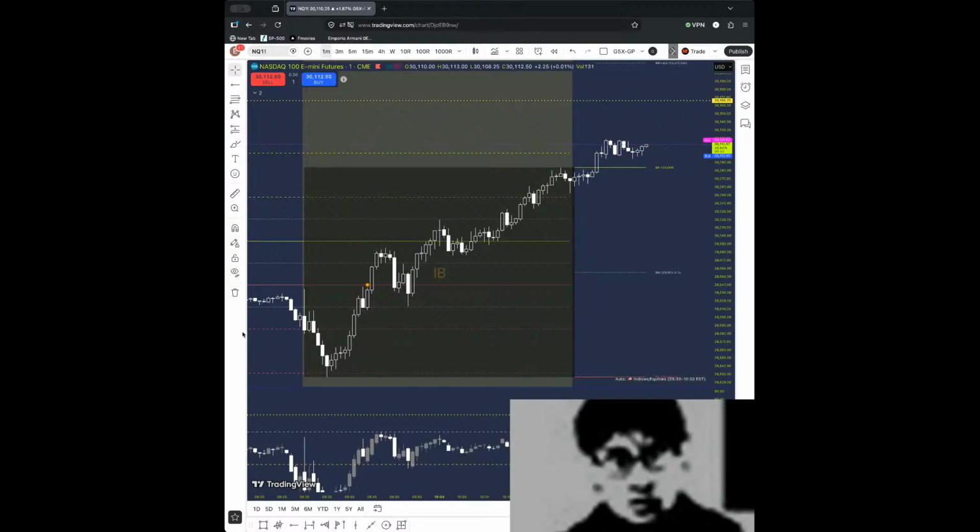Absolutely zero strength. Can't even pull it down 5-10 cents. They're gonna take a guess. They're gonna try to make another top.